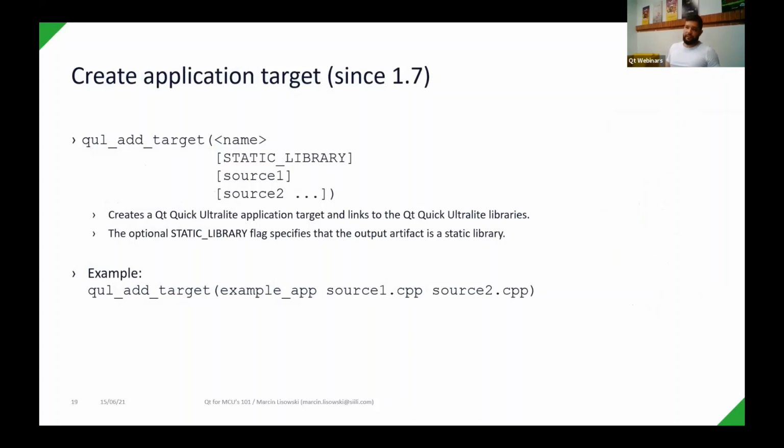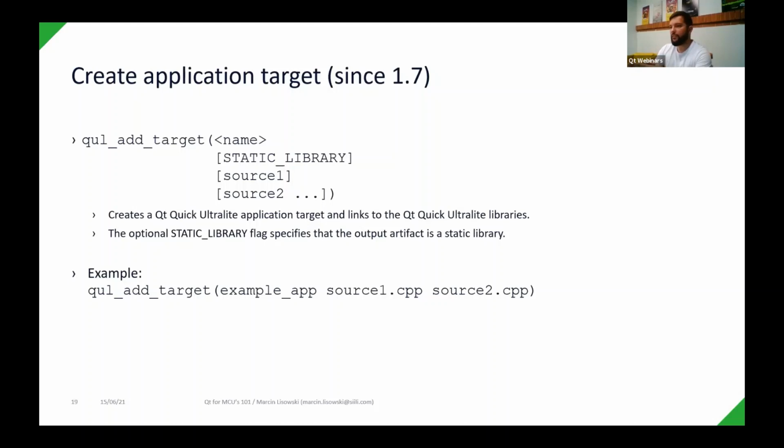QUL_add_target is for adding, of course, an executable target to CMake, and that comes together with some other features as well. So you can provide the optional STATIC_LIBRARY argument to compile your application as a static library, and this could be especially useful if you are going to use your application as a library together with other components of your whole product.